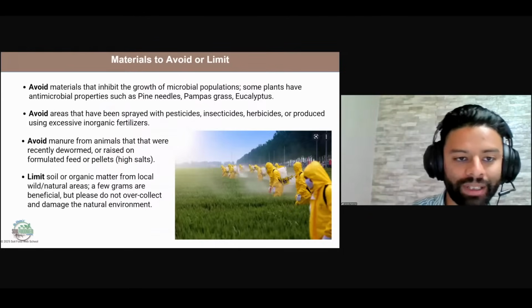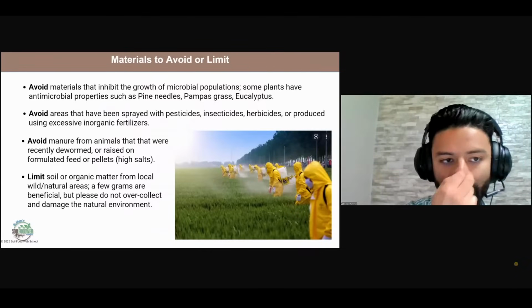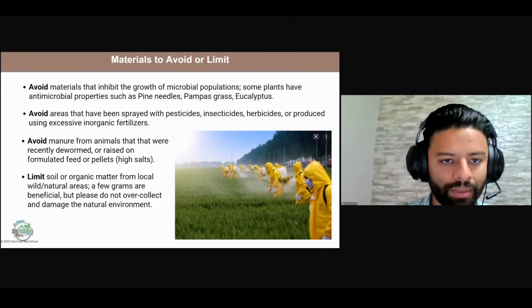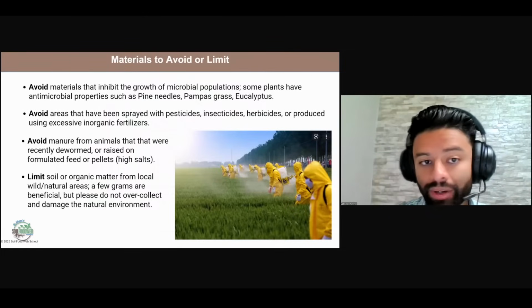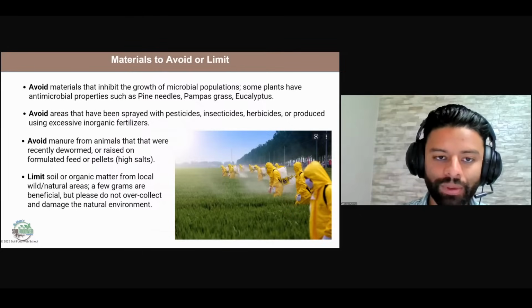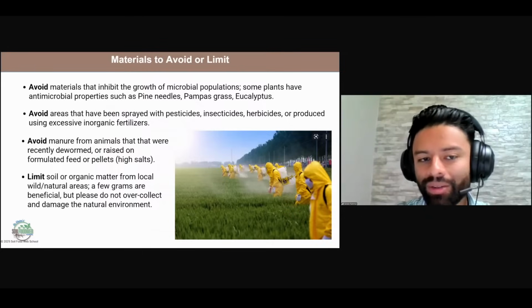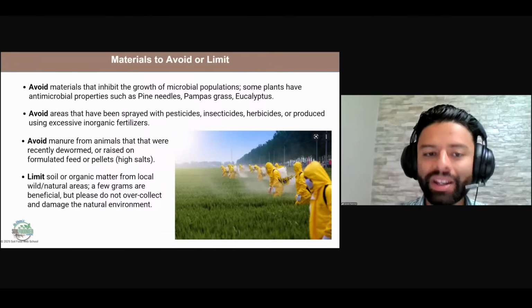We also want to avoid materials that inhibit the growth of microbial populations. For example, things coming from pine, eucalyptus. Another example is pampa grass. If you know that you are dealing with those materials, it doesn't mean that you cannot compost them, but maybe they need a certain management.